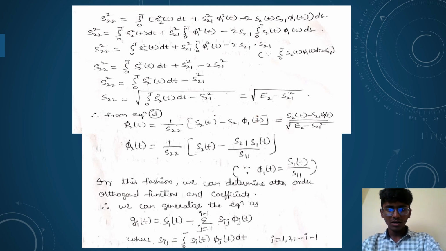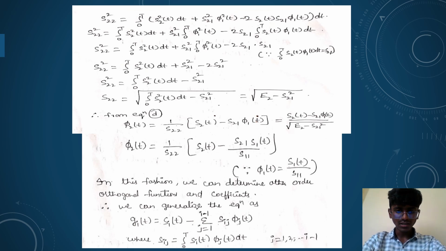The process continues. The derivation happens step by step. From those, we can prove that phi2(t) is equal to 1 by s22 into s2(t) minus s21 into s1(t) by s11, since phi1(t) is equal to s1(t) by s11.